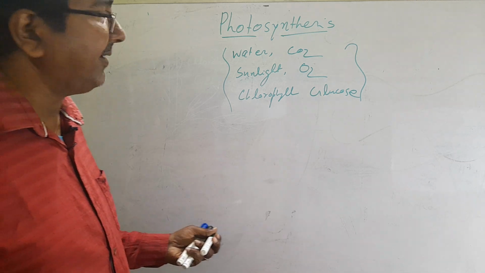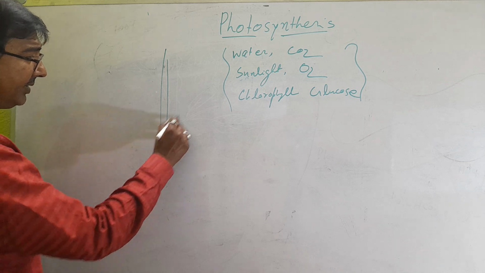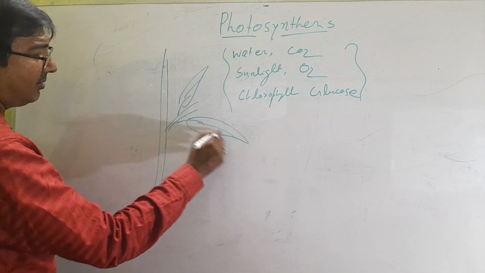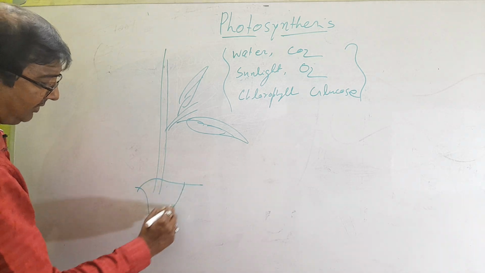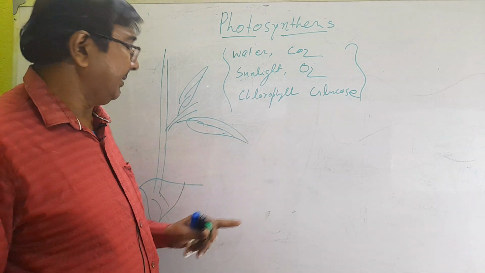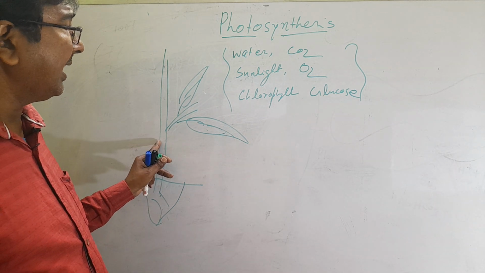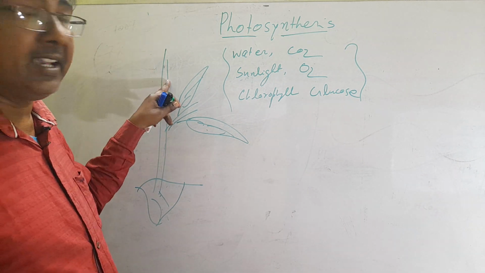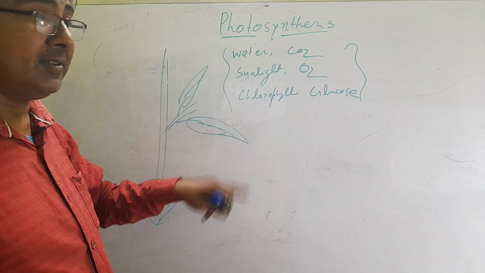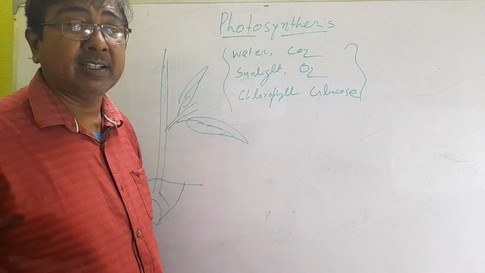Now let's start to define photosynthesis. Suppose this is a plant, and this plant can do photosynthesis. What is photosynthesis? The plant root absorbs water and takes carbon dioxide from the air, and in the presence of sunlight, inactive chlorophyll changes into active mode and produces glucose and oxygen.